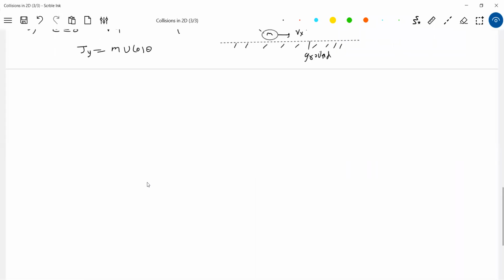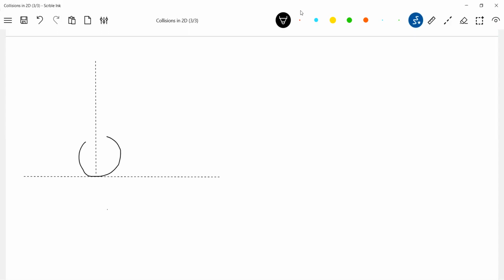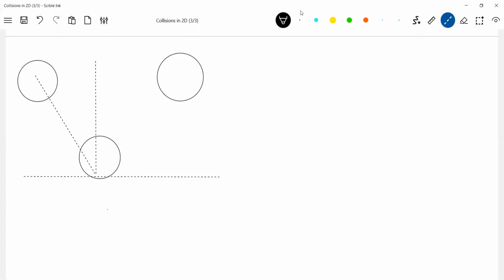Okay, let's take the case where the surface is rough. Let it approach with an angle theta, and it will rebound.